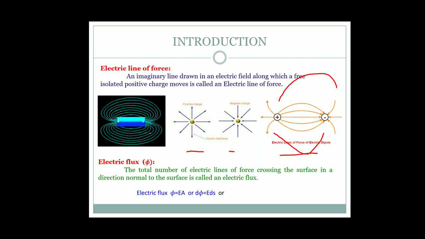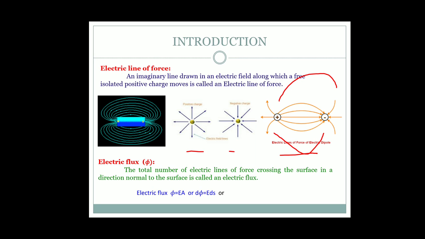So, the definition is: the total number of electric lines of force crossing the surface in a direction normal to the surface is called electric flux.